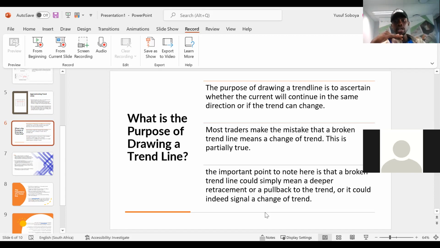Three things that we're seeing there: it might be a pullback, it might be a retracement, it might be the change of the trend. Now, if we are putting in a small amount of money, 500 Rand or anything less than $500, when this retracement and pullback happens, we tend to lose a lot of money because the amount of money that we have is small.